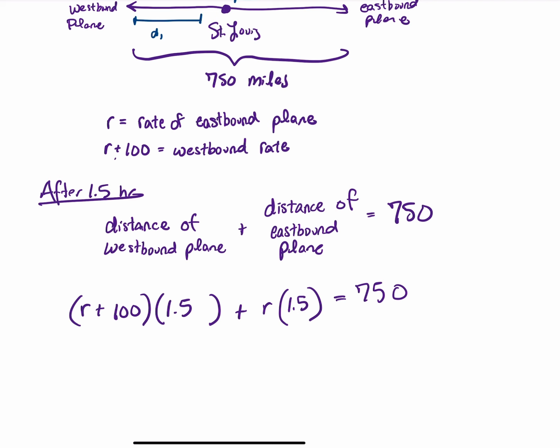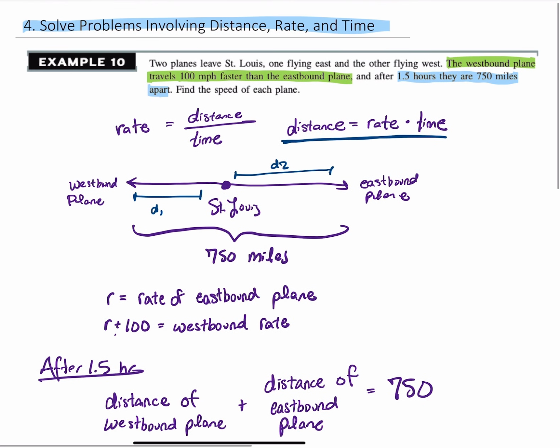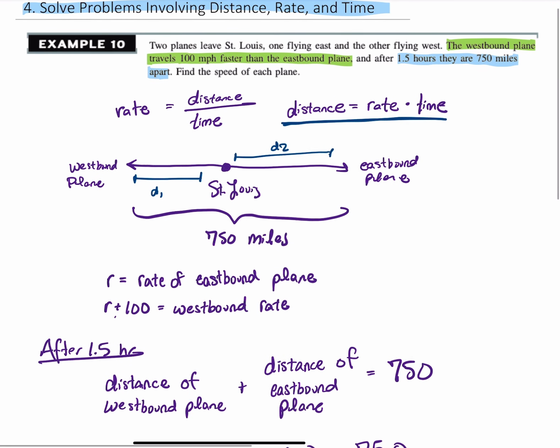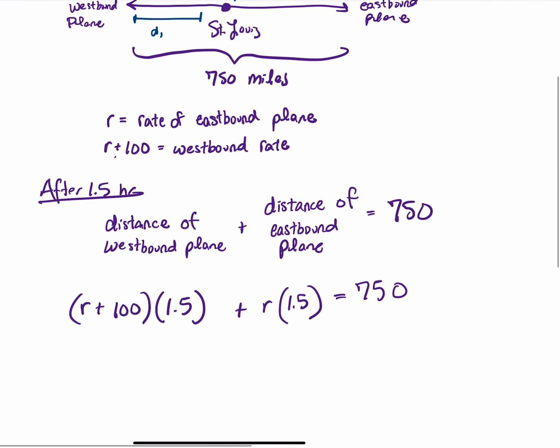I'll take out the hours here just so we're looking at all numbers, but we do have those units. So notice now we've finally arrived at an equation in one variable that we can solve for. Again, you might see variations of this problem in the homework. Try to find some total distance.